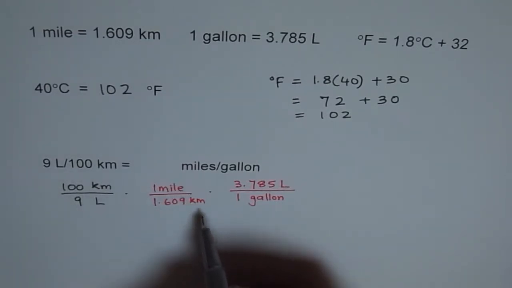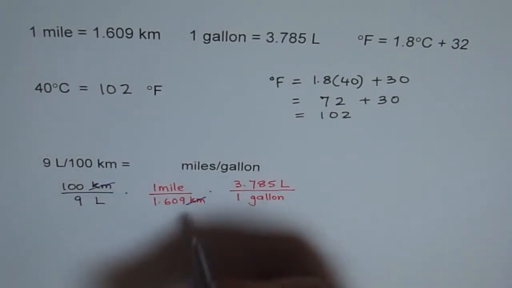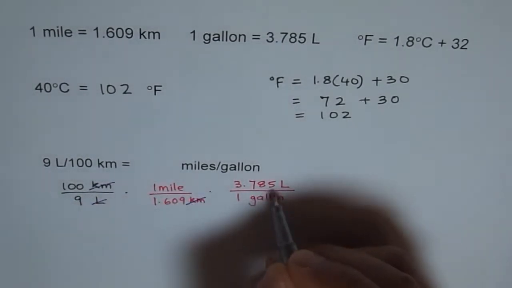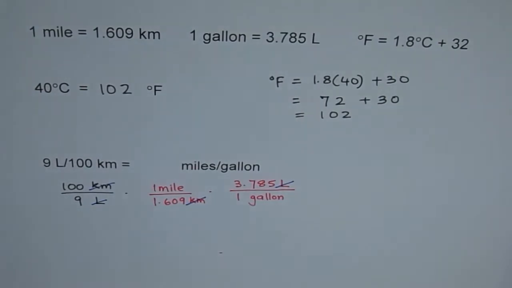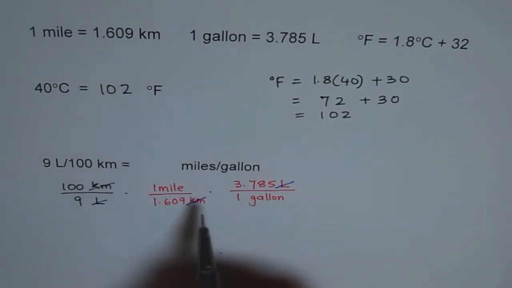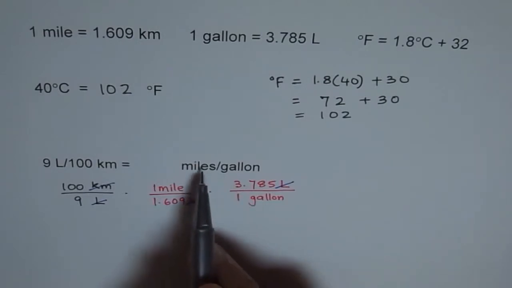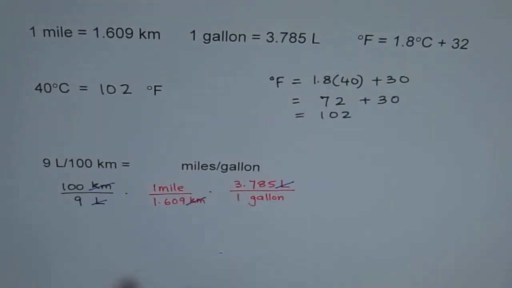Now, by doing so, I can cancel out kilometer with kilometer, and liter with liter. Do you see the cancellation which I have done here? So once I do that, I get miles in the numerator and gallons in the denominator, and that's what we want, right? Do you understand? So that's the way to convert our units.